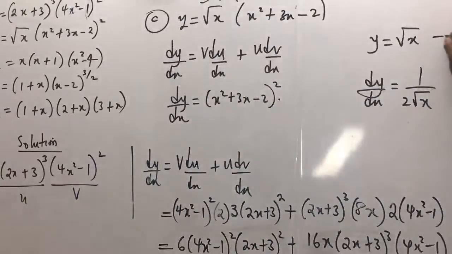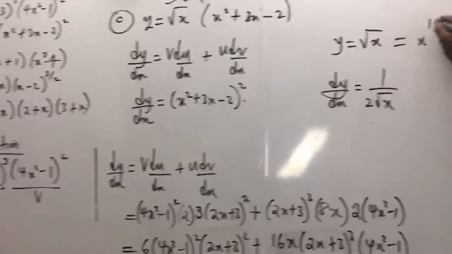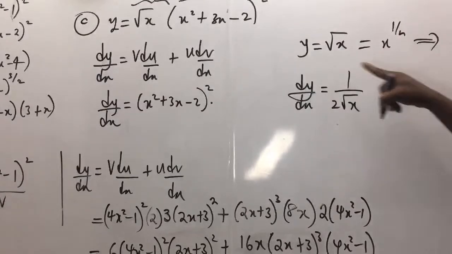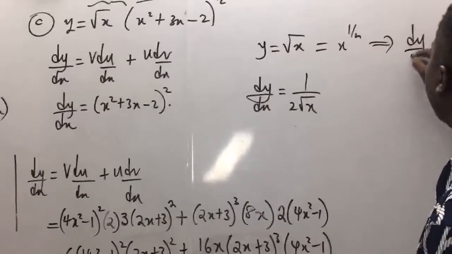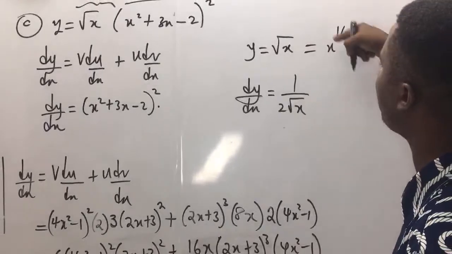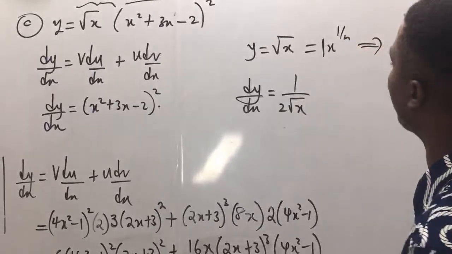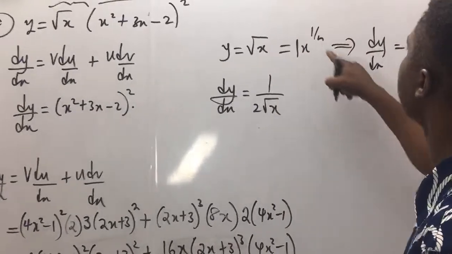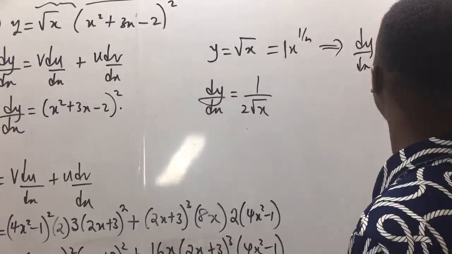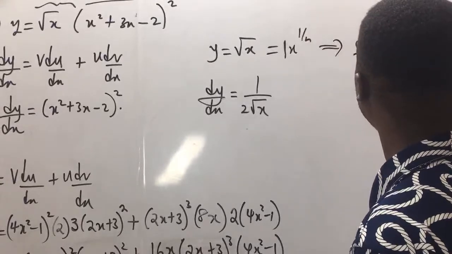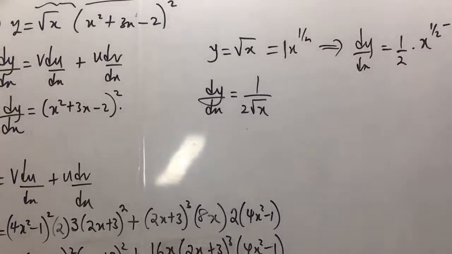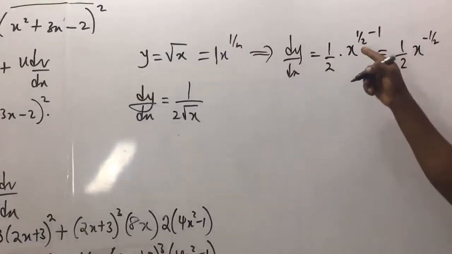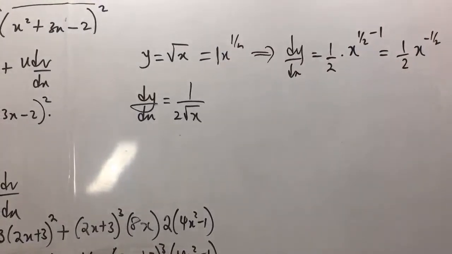Now, this can be written as x raised to the power half. If I want to obtain the derivative of this function, dy/dx will be using half, the power, to multiply the coefficient 1, and that will give me half times 1, which is half, and subtracting 1 from the power half gives x raised to power minus half, because half minus 1 is minus half.